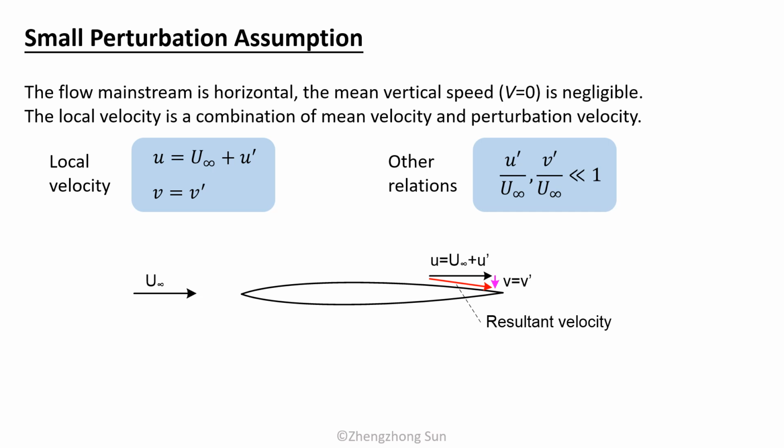For example, we have a thin aerofoil, and at a certain point, the horizontal velocity is u infinity plus u prime, and the vertical velocity is v equals v prime, and the red vector is the resultant velocity. Because this point is at the aft portion of the aerofoil, if the flow is irrotational, the red vector should point towards the down-right direction. That is what happens here.